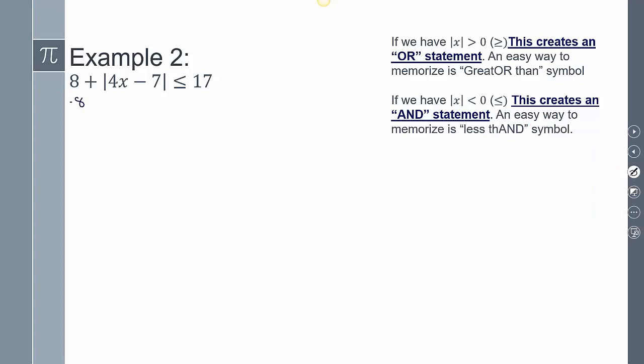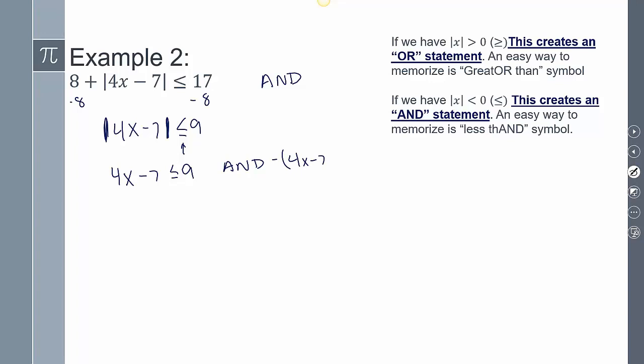I'm going to subtract 8 on both sides. The absolute value of 4x minus 7 is going to be less than or equal to, and this gives us 9. Because it's less than, I know it's going to be an AND statement. Now applying the definition, I get 4x minus 7 is less than or equal to 9, and negative 4x minus 7 is less than or equal to 9.